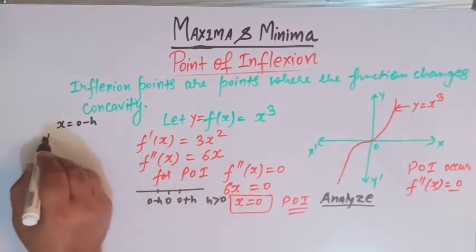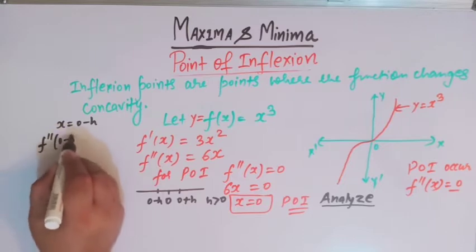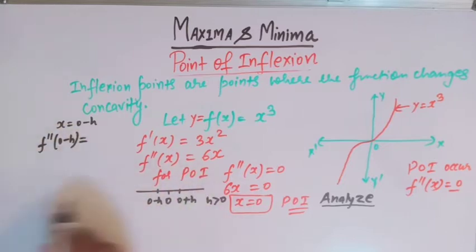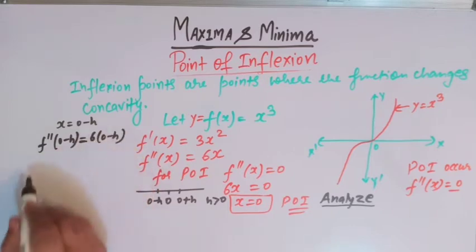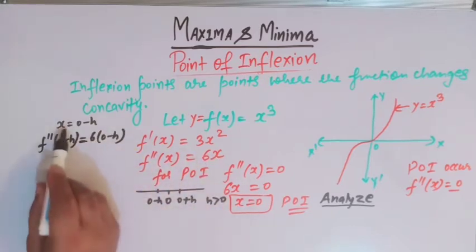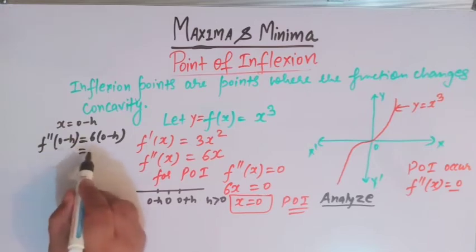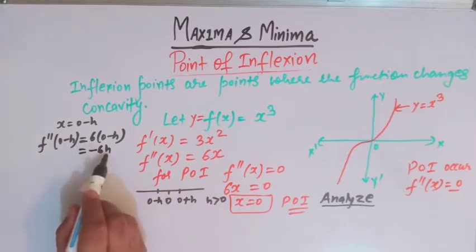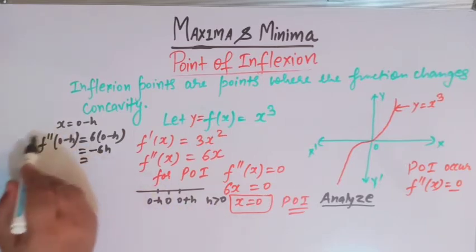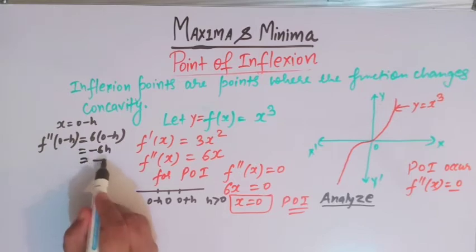So f double prime of 0 minus h is equal to 6 times 0 minus h, where we have substituted x equal to 0 minus h. So this is minus 6h, and since h is a positive quantity, the second derivative is negative, right?